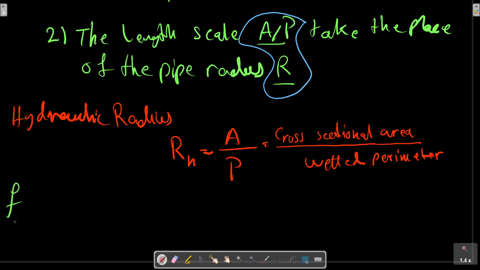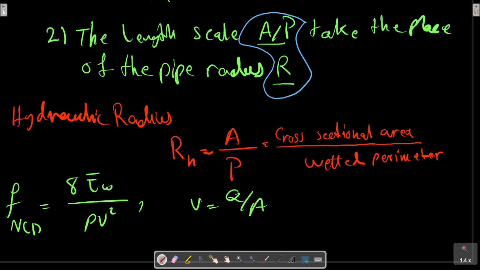So, friction factor for non-circular sections equals to, where NCD is non-circular ducts and V equals the volume flow on cross-sectional area, and we can also have a relation for head loss in the non-circular ducts, R_H V² on 2g.